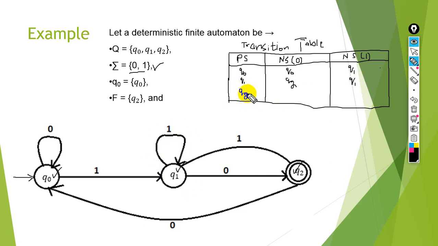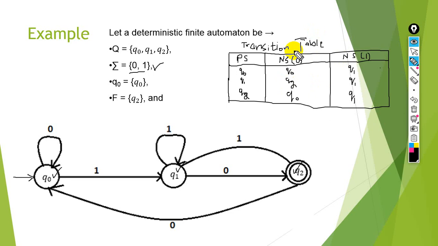There must be transitions for both 0 and 1 in the case of a DFA. In an NFA, a dead configuration is allowed, but here it is not allowed. Now the transition of 0 from Q2 is toward Q0, and the transition of 1 from Q2 is toward Q1.